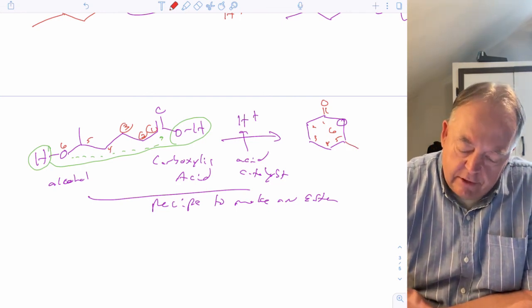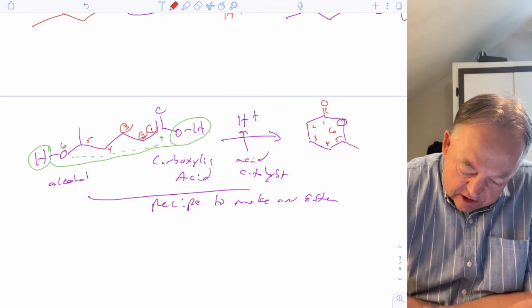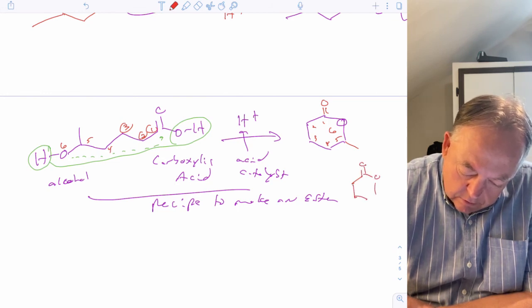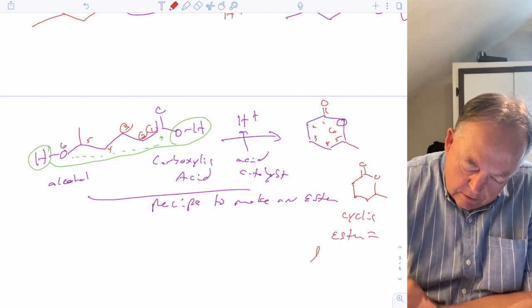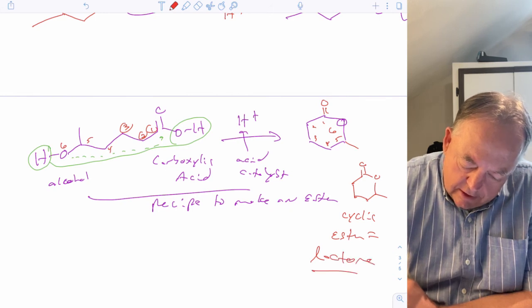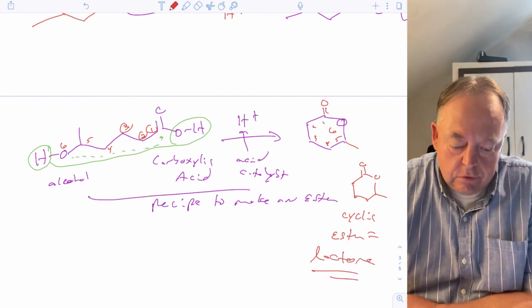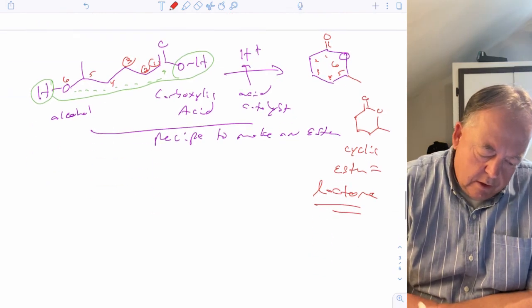Right, so that would be your ester. It's just a cyclic ester in this case. And cyclic esters are called lactones. Okay, we'll stop there.